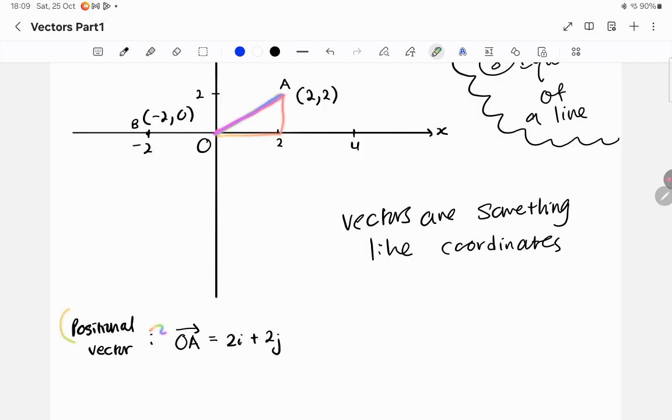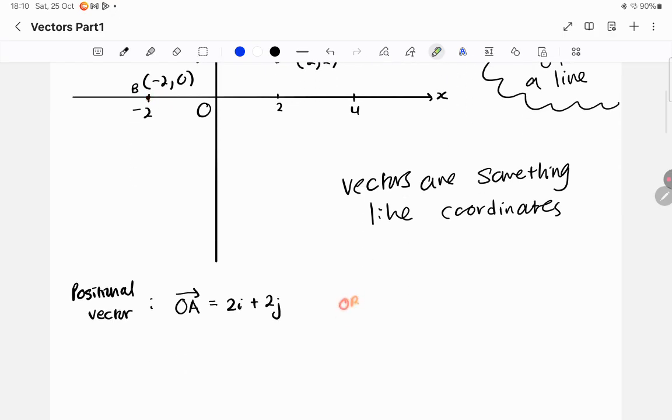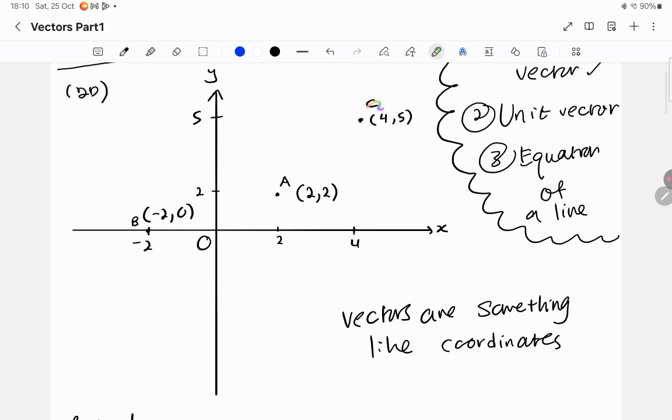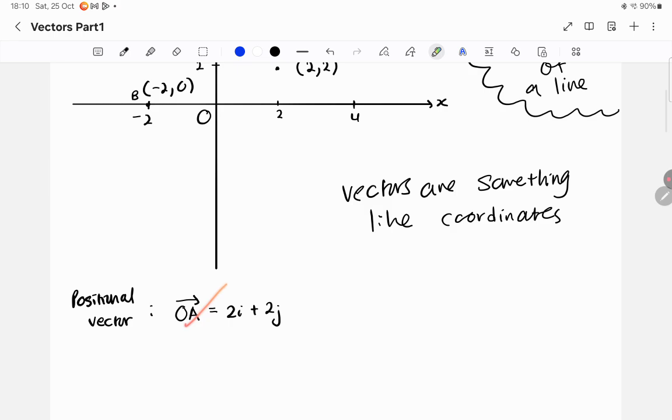The big thing about position vectors is that they always start from O. So no matter what, if you want to find a position vector of B, it has to be OB. Starting point is O, ending point is B. Same thing goes for C. It should be OC.